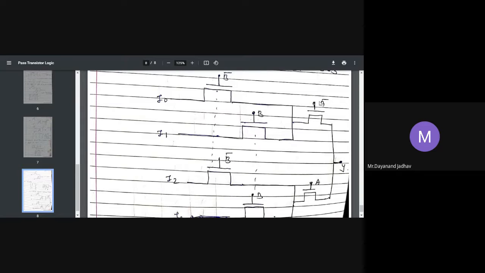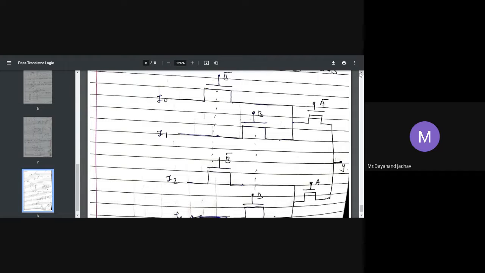A equal to 0, A bar is 1, therefore I0 passes in the output. But here A is 0, therefore I1 does not pass. B is equal to 0, therefore I3 also does not pass. B bar is 1, but A equal to 0, therefore I2 also does not pass. Only I0 has a chance to pass in the output.